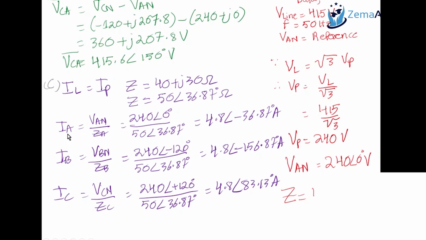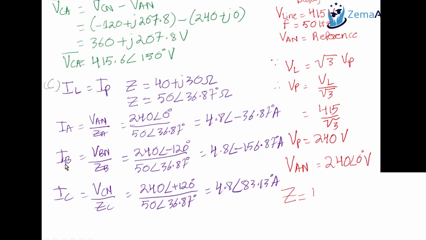So in this case, IA is the phase current. Then you must use the VAN, which is the phase voltage in line A, divided by the phase impedance ZA. In this way, we divide the two values and we get our phase current or line current, which is 4.8 angle of minus 36.87 amperes.